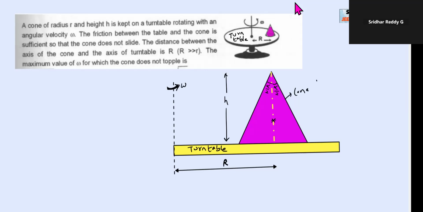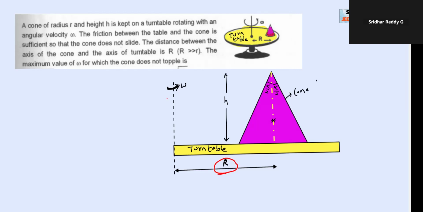Some rough diagram I'm showing. Try to analyze. The distance between the axis of the cone and the axis of the turntable is r. This distance here is given.